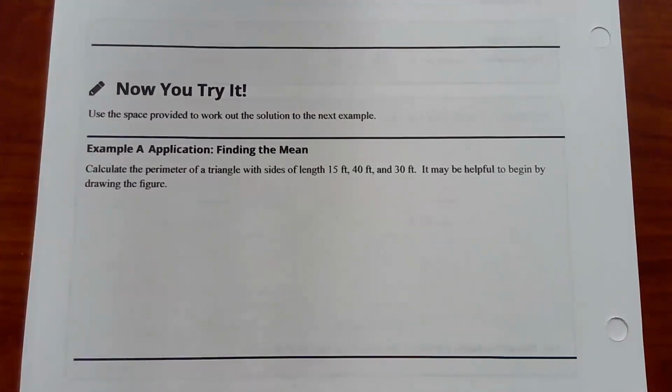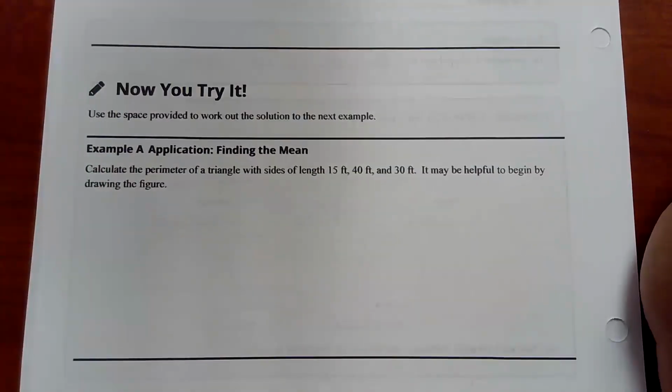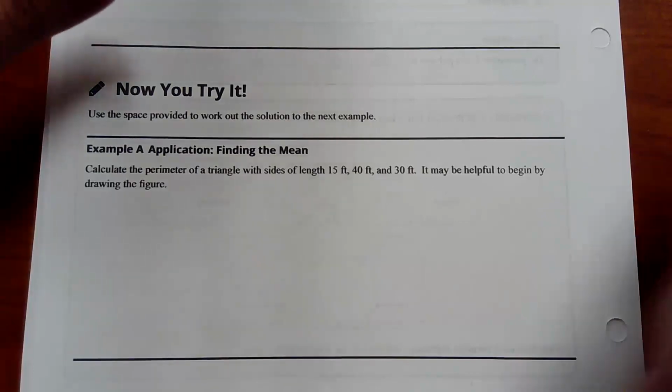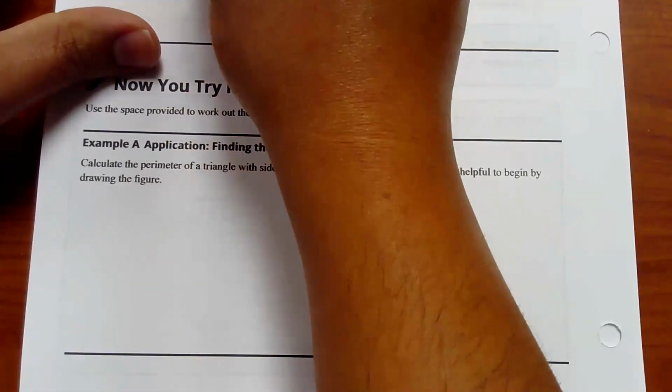So we'll do this one together. Calculate the perimeter of a triangle with sides of length 15 feet, 40 feet, 30 feet. It may help to draw. Okay. All right, well, I don't have any art skills, but let's make up a triangle here.